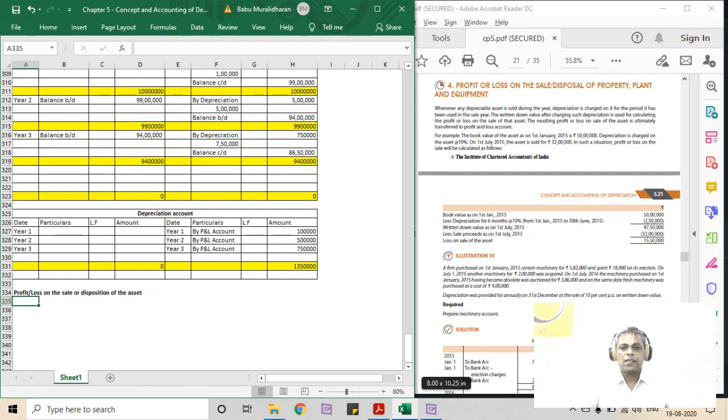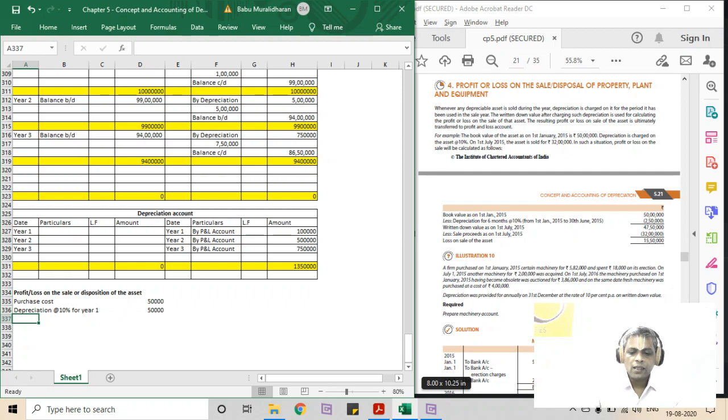Let's get into this with a small example. Purchase cost, let's say 5 lakhs. Depreciation at the rate of 10% for year one. Year one is 10%, which means it's 50,000, right?